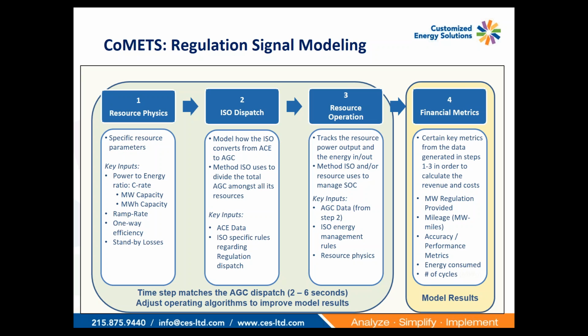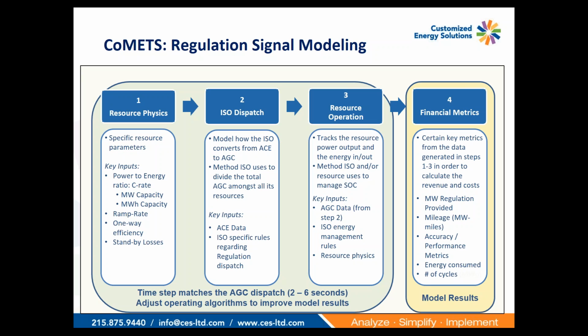Each ISO or market has a unique way of dispatching a regulation asset. So there is a system-wide signal called ACE, or area control error, which is a function of a supply and demand mismatch, and that affects the frequency. And that ACE gets converted into a resource-specific signal called AGC.